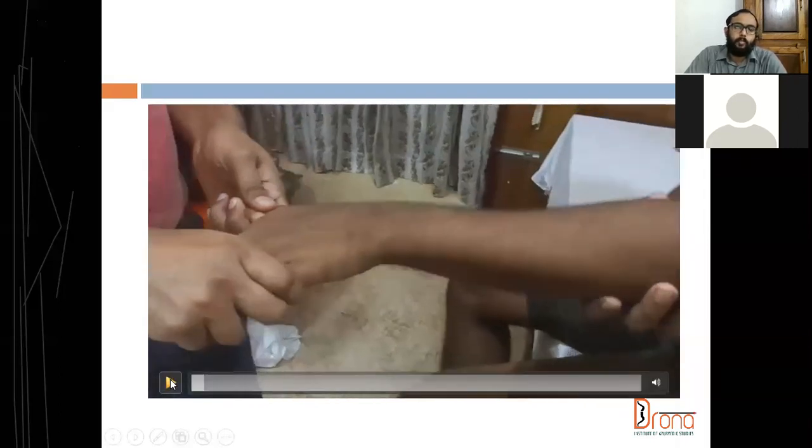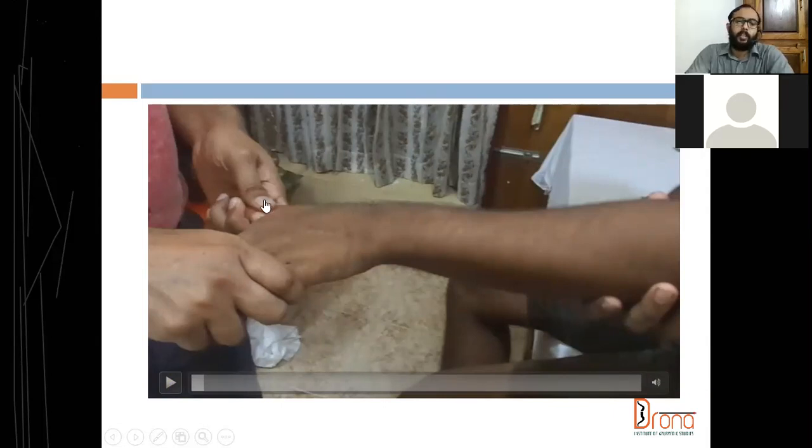In Colles fracture, what we are doing is traction and counter traction. Regarding traction, the hand should be kept in a 90-degree position. The thumb and the other 4 fingers should be at 90 degrees, and there should be ulnar deviation. The ulnar deviation is for the correction of lateral displacement of radius.